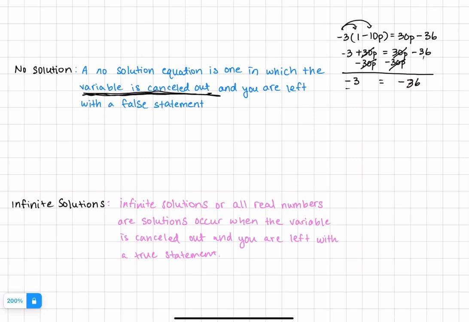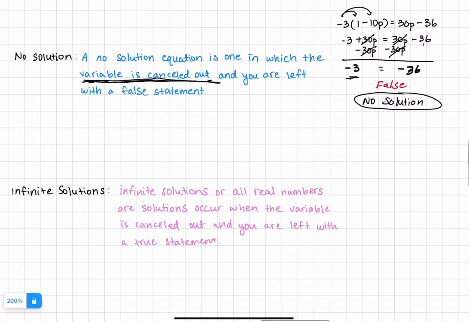Obviously -36 does not equal -3. So this is a false statement. Therefore, there is no solution. This would be your final answer, no solution.